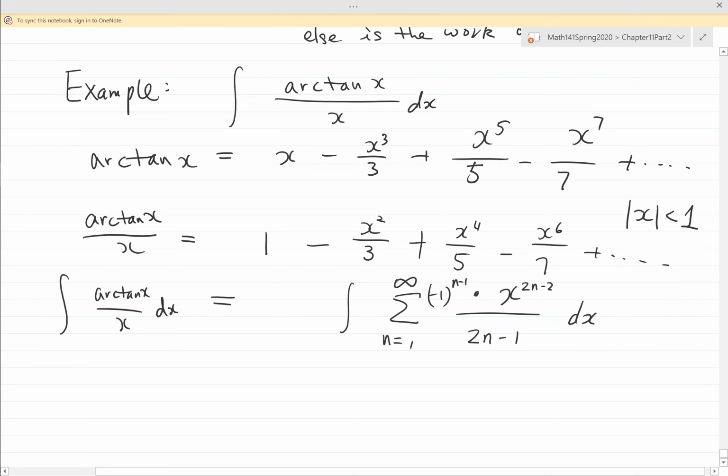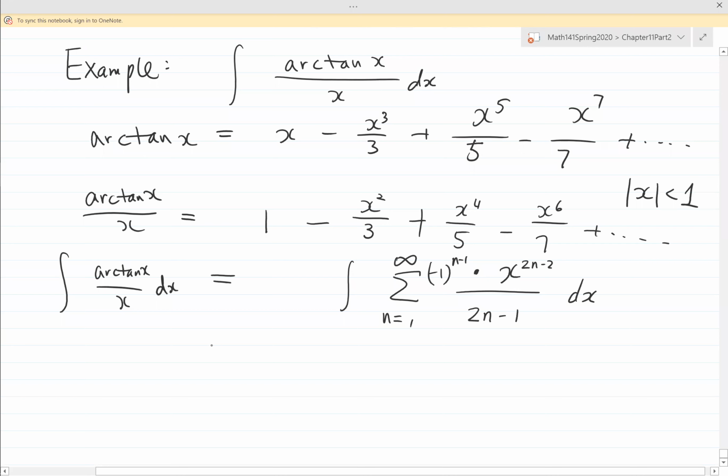Now we actually integrate this termwise, n from 1 to infinity, negative 1 to the power n minus 1. Remember when we integrate, we use the power rule. The power of x is 2n minus 2. We increase it by 1 and then divide.